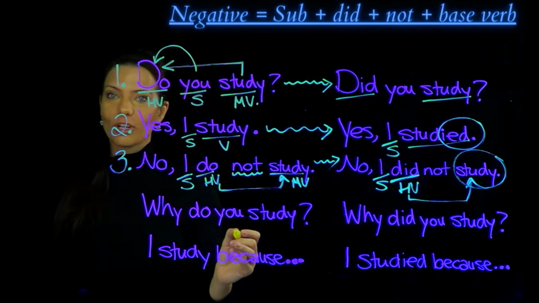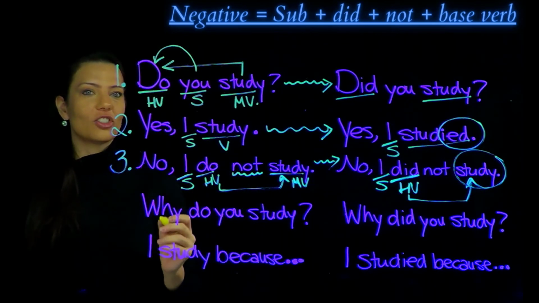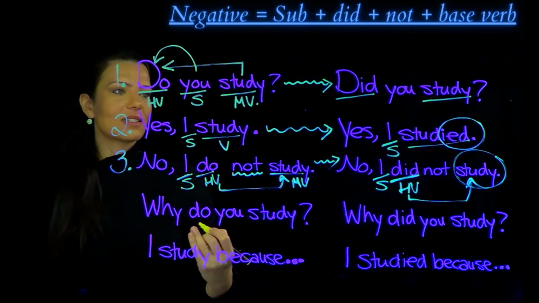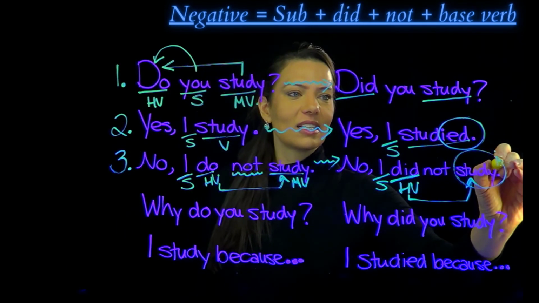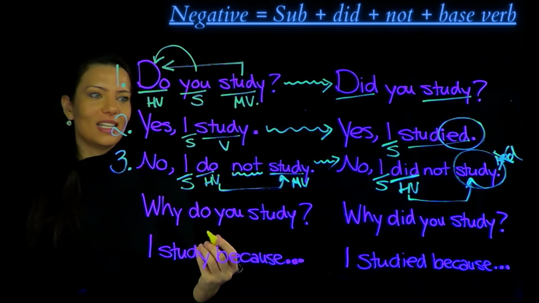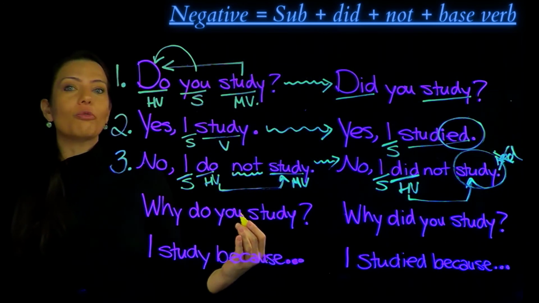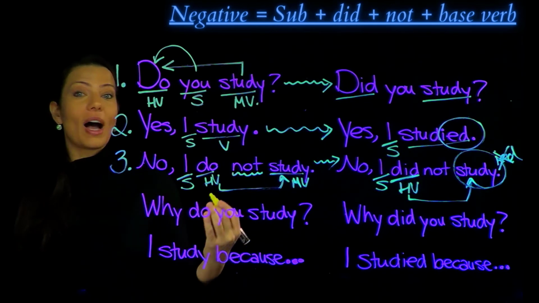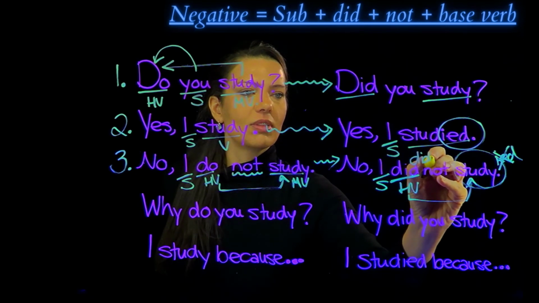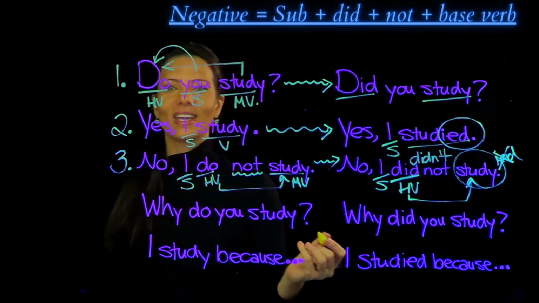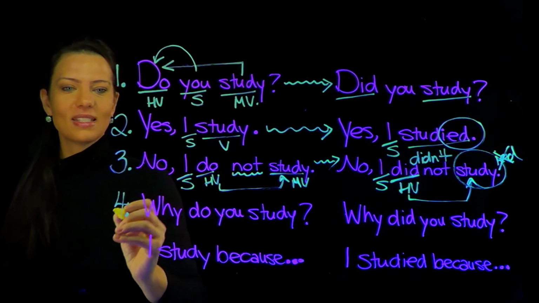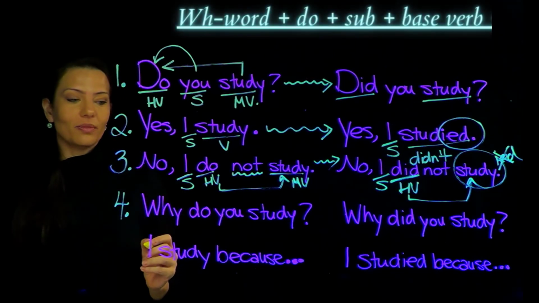Now that main verb does not have to change tense because that's the job of the helping verb in this case. So we wouldn't say "studied," okay? We wouldn't do that. No, I did not study. If we wanted to contract that, "no, I didn't study," we could also do that to sound more like a native speaker.